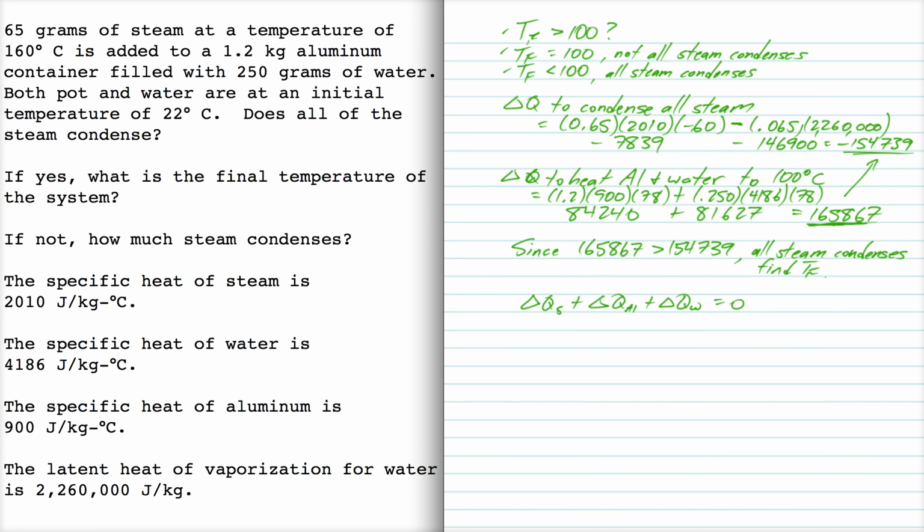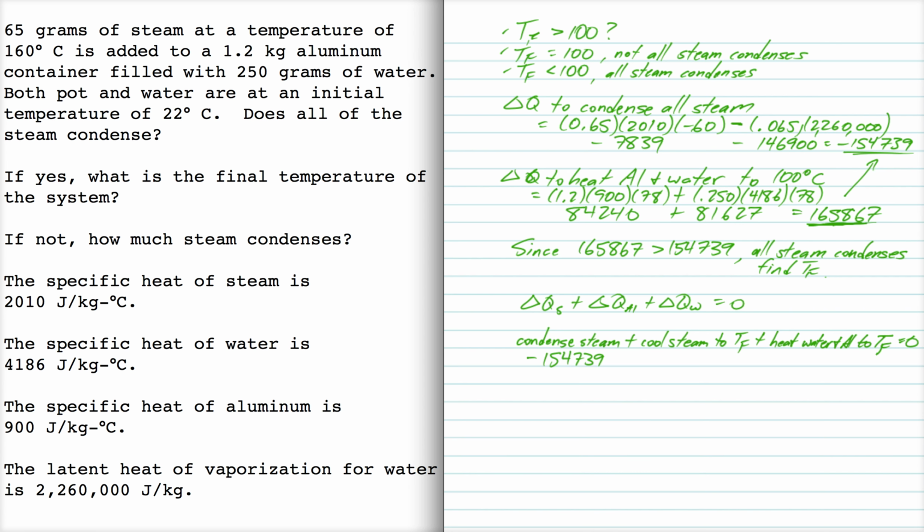So delta Q for the steam, we have to condense the steam, and then we have to cool the steam to some final temperature. Okay, and then we have to heat the water and the aluminum to that same final temperature. Okay, so to condense the steam, well, we already know how much energy that takes. That's minus 154,739, right? That cools the steam down to 100 and condenses it.